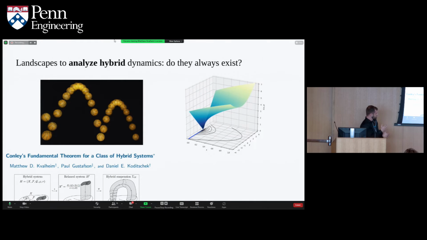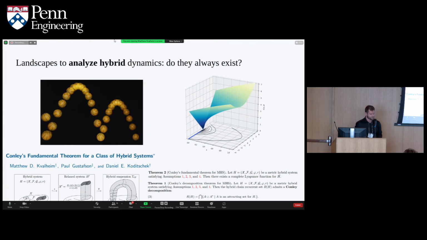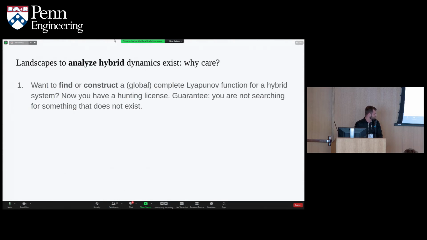You can play some topology games, and take this ground hitting region and stretch it up and then glue it back into state space according to some map that encodes the dynamics, and then you can apply some classical results and deduce that these landscapes always exist. Just to show you that there are some theorems, here they are, but I'm not going to talk about them.